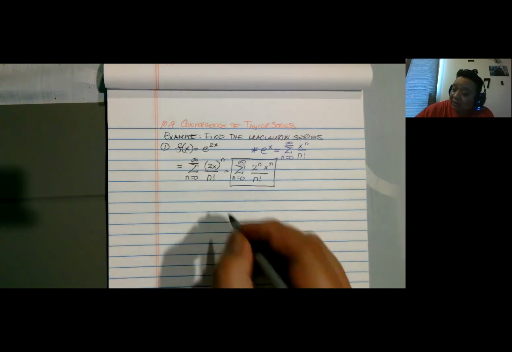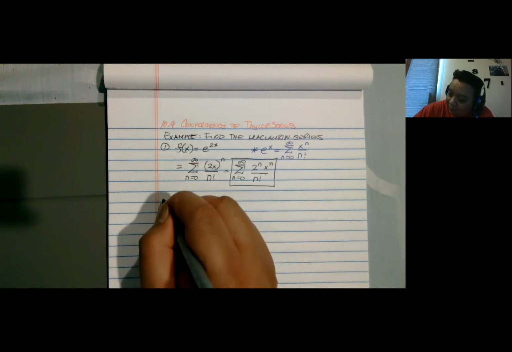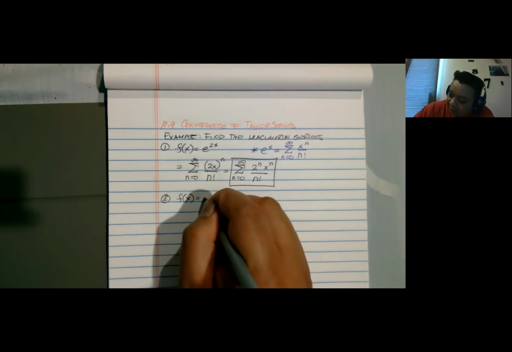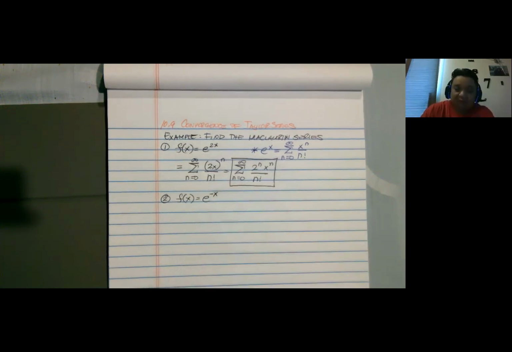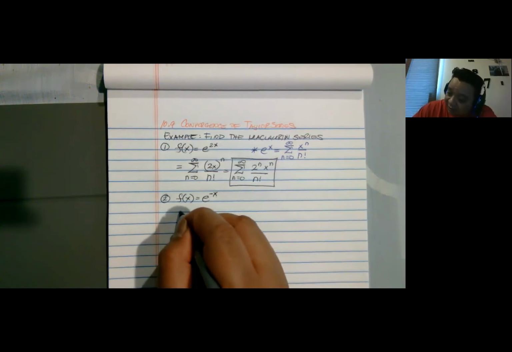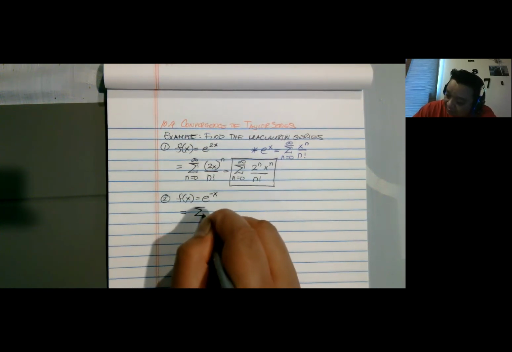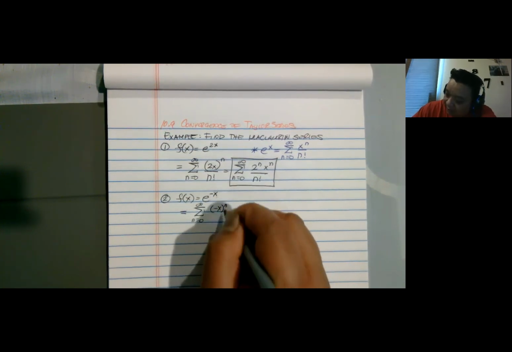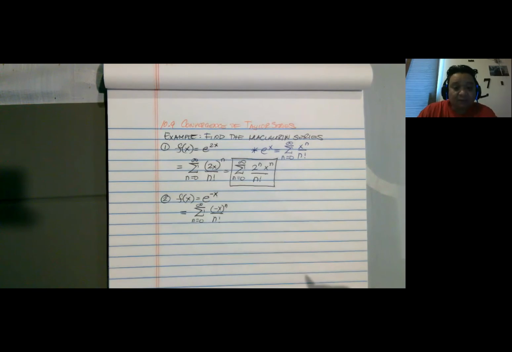Okay, so I want you to try this one. Number 2. How about f of x equals e to the negative x power? Again, this should be quick, because all you're doing is replacing x with negative x. So your power series is going to be negative x to the n power over n factorial.